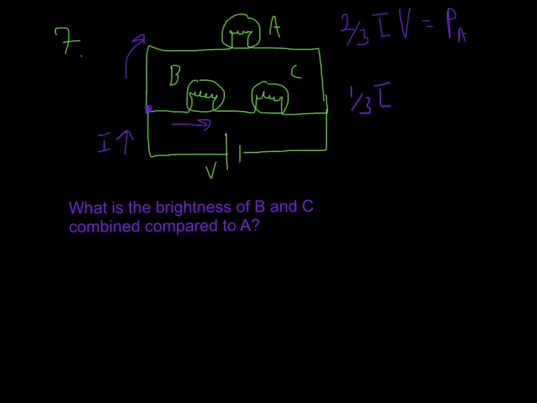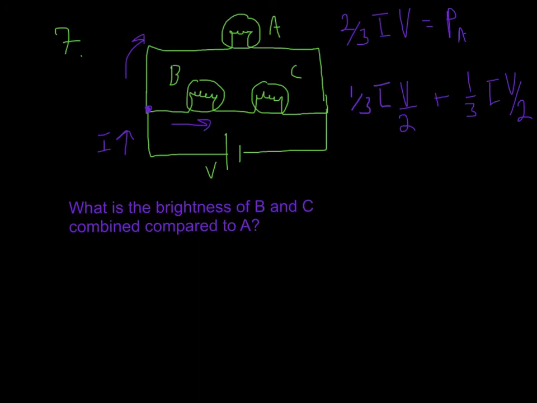All right, so B and C though, each is going to get half the voltage. So it's going to get V over 2, that's one of them, plus another 1/3 I V over 2, because each B and C get half the voltage that A gets.